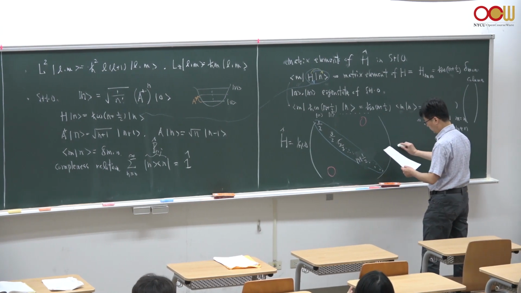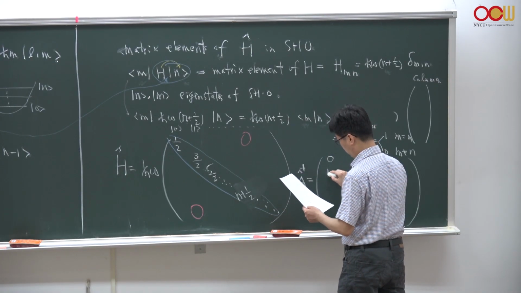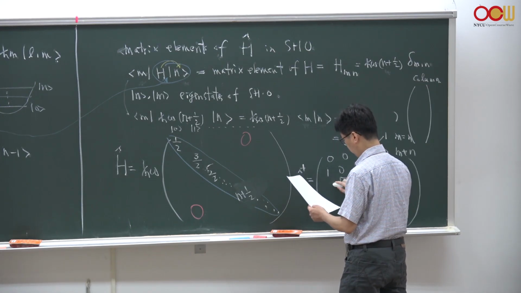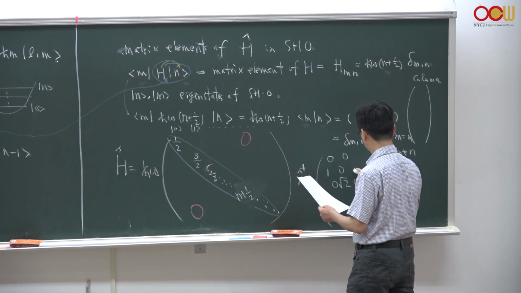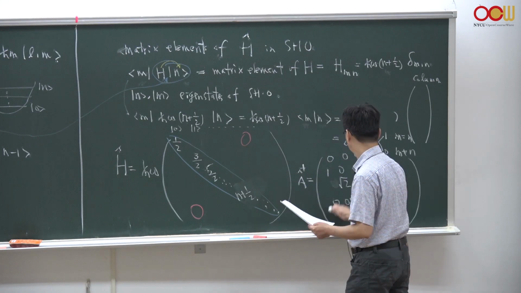You could play the same game. 0, 1, 0, 0, square root of 2, 0, 0, 0, 0, 0, and square root of 3, 0, 0, 0, and so on.